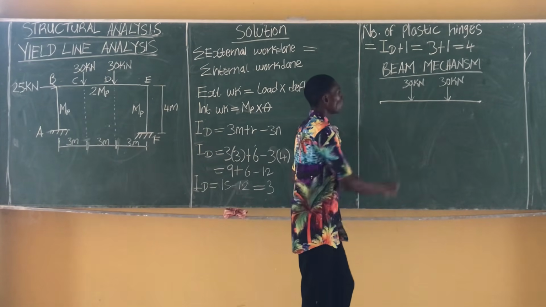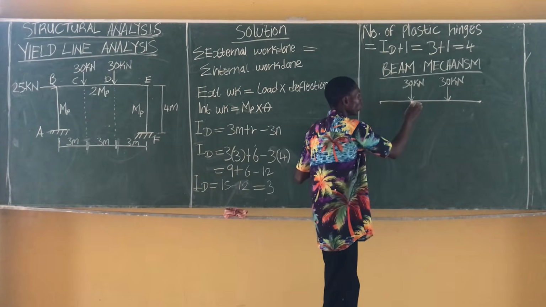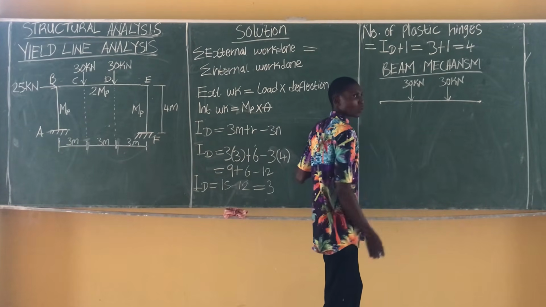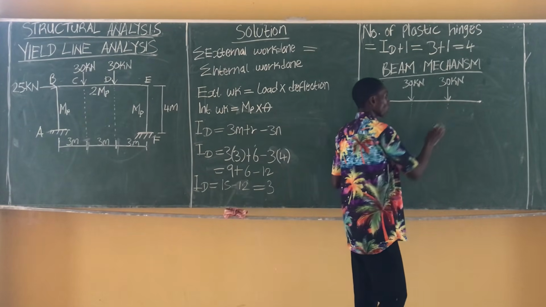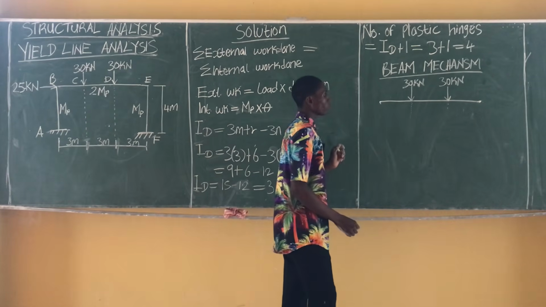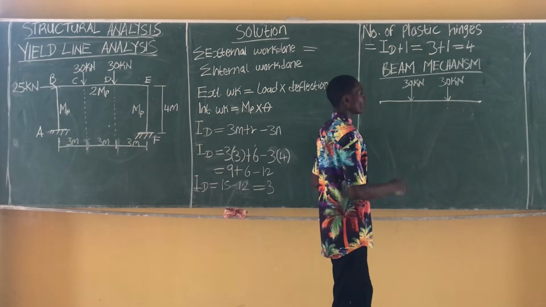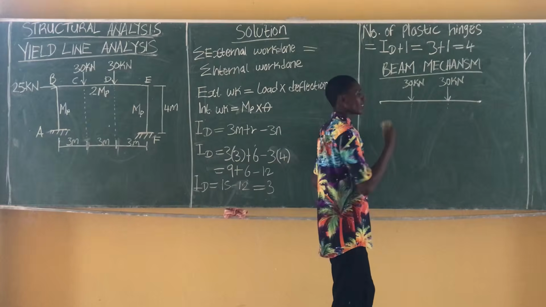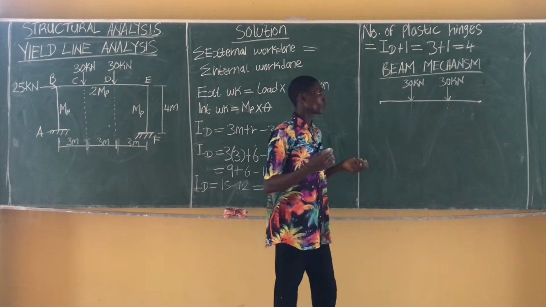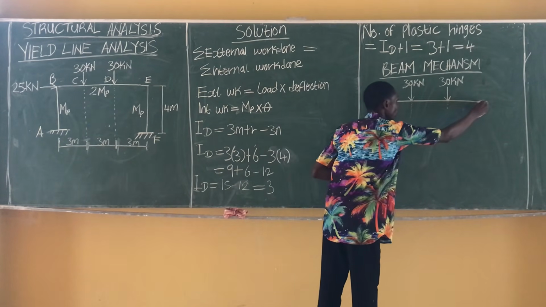Now, we know due to this load, there will be what? A deflection at this point. There will be a deflection at this point. Now, in drawing our beam mechanism, we simply ensure that we find our deflections at the points where we have loads. Okay? So we are going to have this.